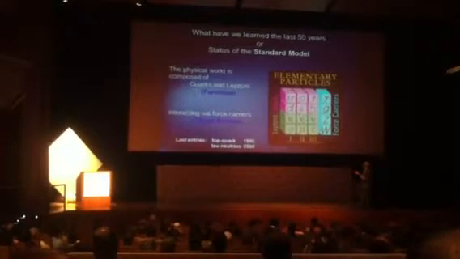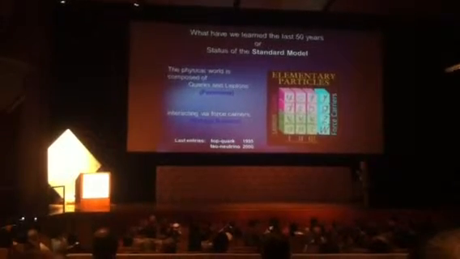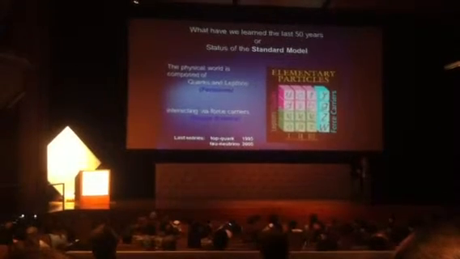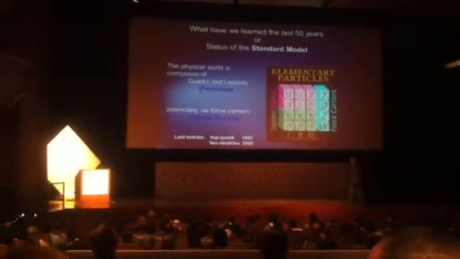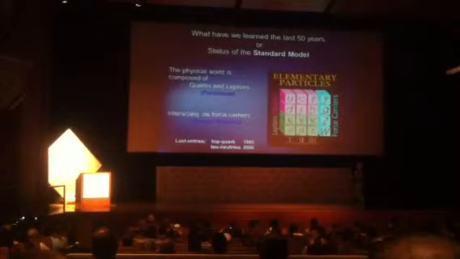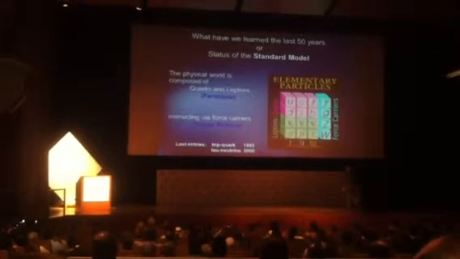The physical world is composed of quarks and leptons, the 3 families, 2 quarks each, 2 leptons each. And they interact via force carriers, the gauge bosons. The photon mediates the electromagnetic force, the gluon the strong force, and the Z and the W the weak force.